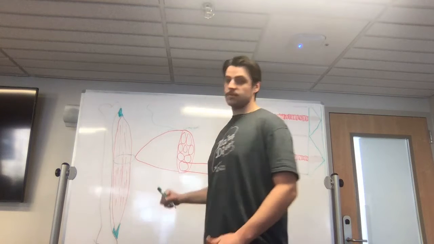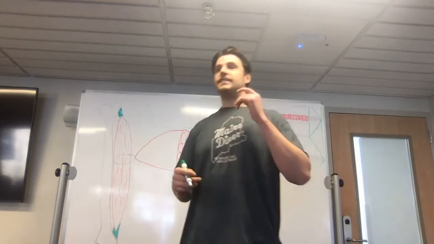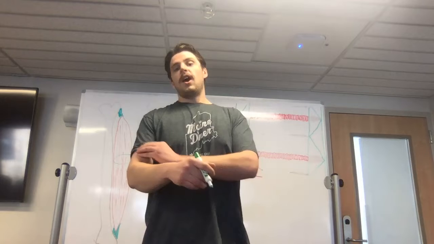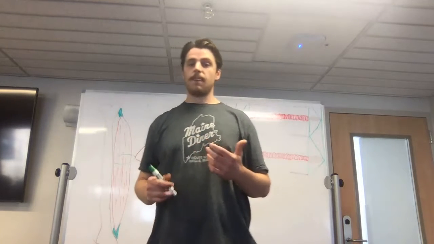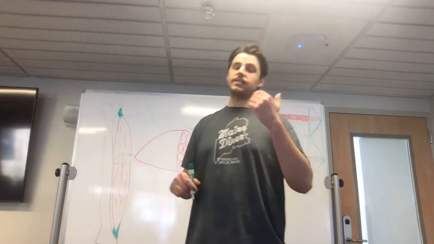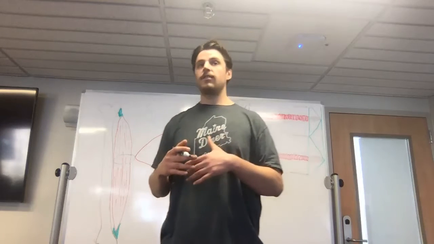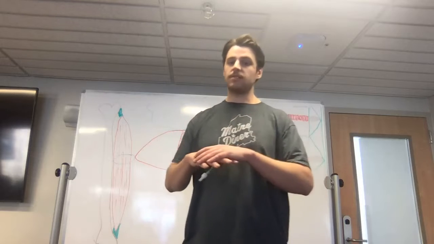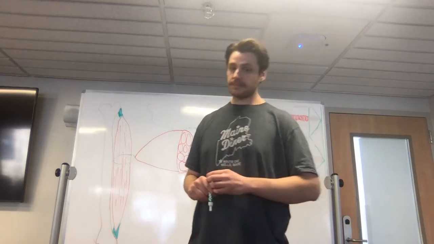The epimysium is a dense, irregular connective tissue that sits on the outermost part of the muscle belly. Dense, irregular means it can withstand forces from multiple planes, or has multiplanar force resistance.